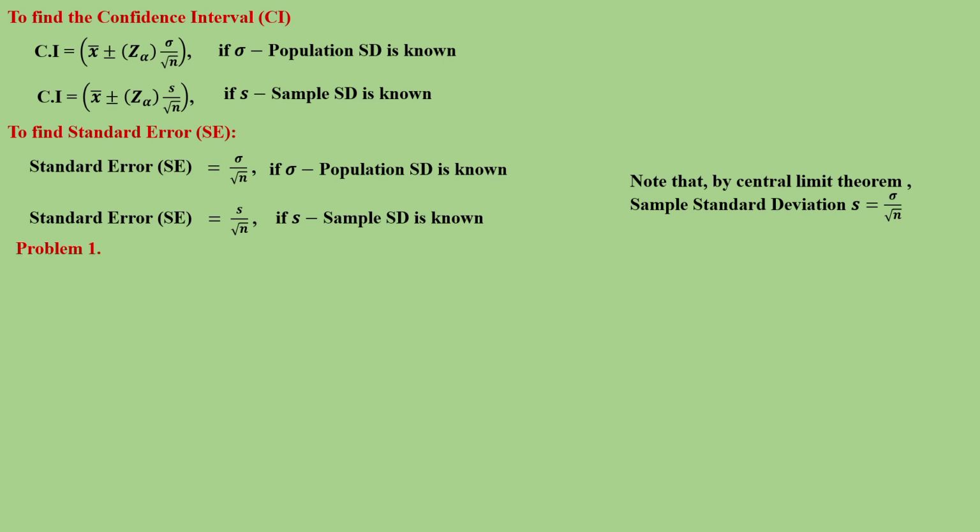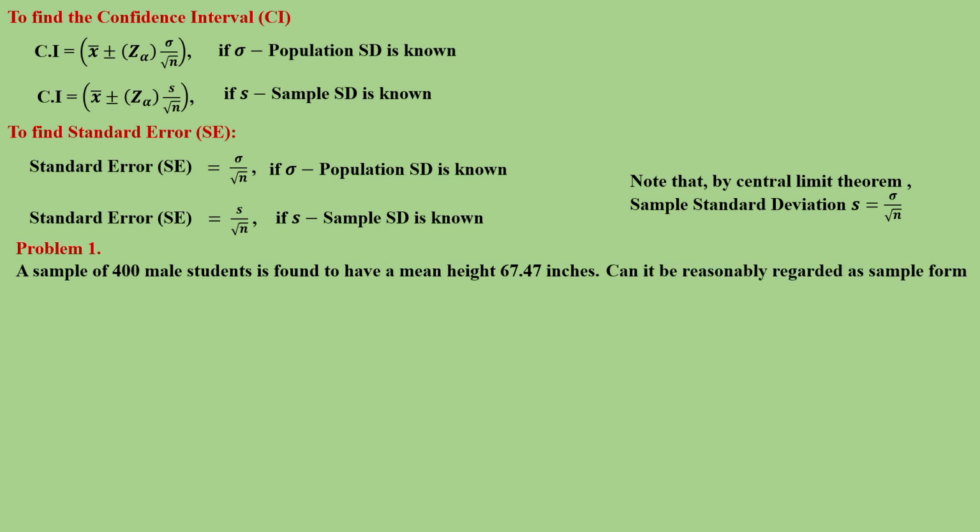Note that point also. First problem: a sample of 400 male students is found to have a mean height of 67.47 inches. Can it be reasonably regarded as a sample from a large population with mean height 67.39 inches and standard deviation 1.30 inches?